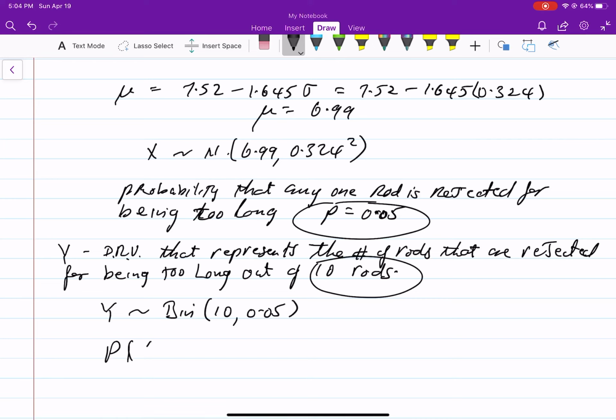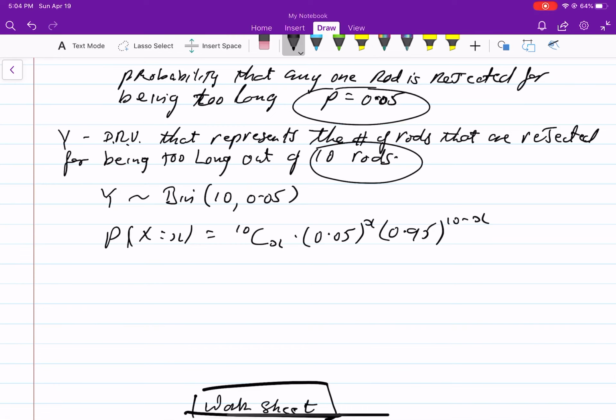which means the PDF would be probability x equals x would be 10cx times 0.05 to the power x, 0.95 to the power 10 minus x. How do you like them apples? And we want the probability that exactly 3 are rejected for being too long. Probability that x is equal to 3 would be 10c3 times 0.05 to the 3 times 0.95 to the 7.